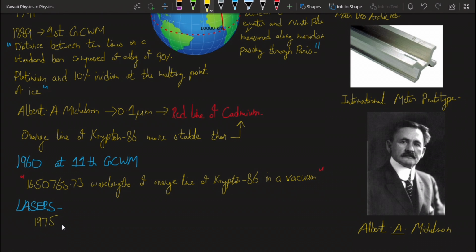And hence, with a more accurate speed of light, in 1975 at the 15th General Conference on Weights and Measures, they decided to give the conventional value for the speed of light, and that was 299792458 meters per second.